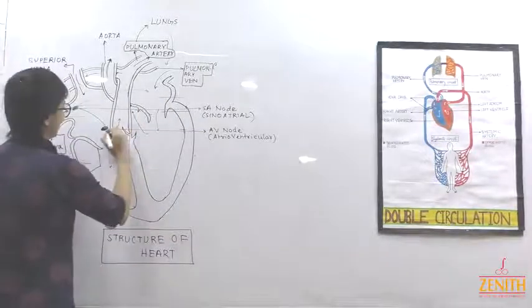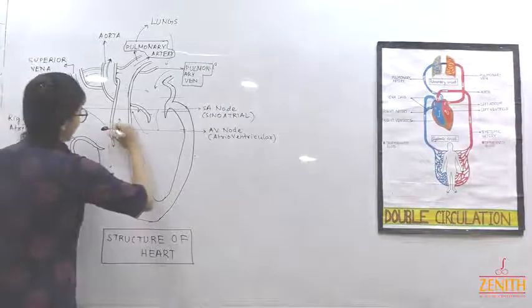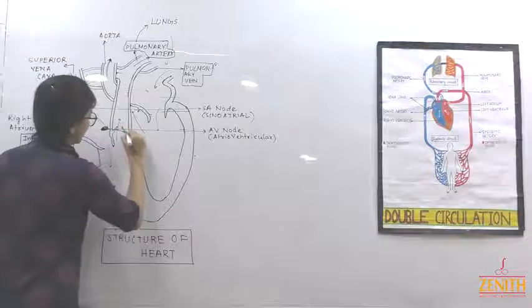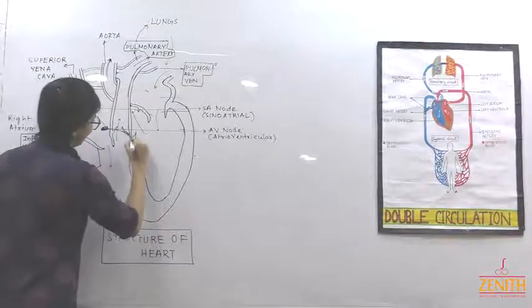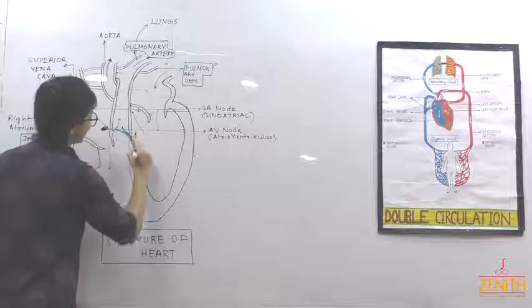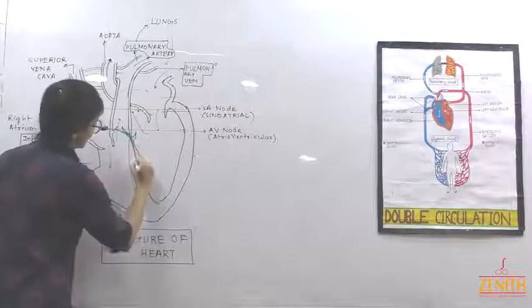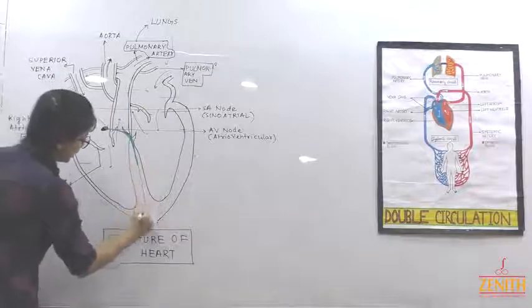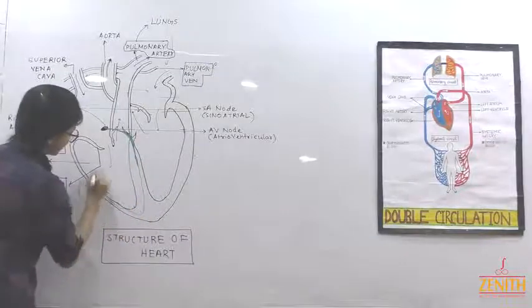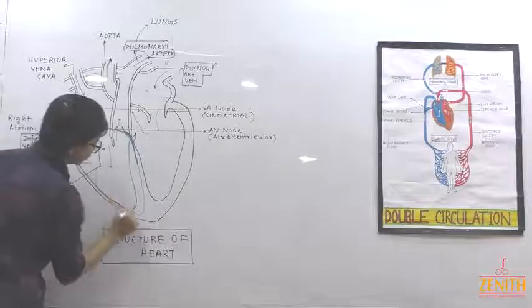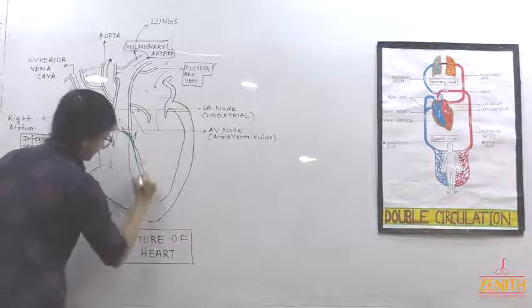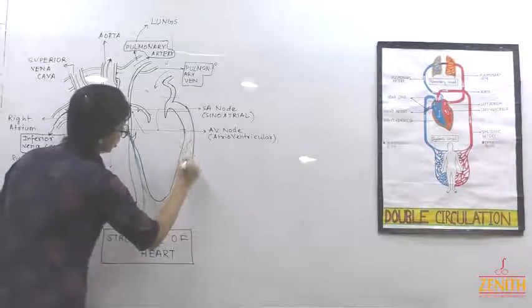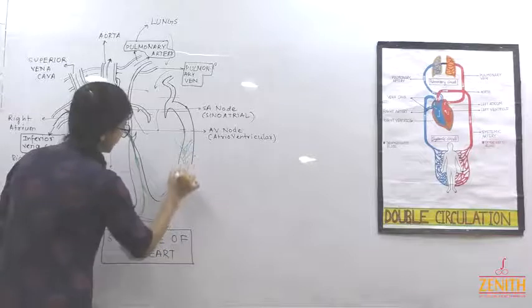Then what will happen? Coming from the AV node, a particular bundle arises. In some books it is given as the AV bundle, in some books it is the bundle of His. This is a bundle of fibers. This bundle is now entering through both of the ventricles.